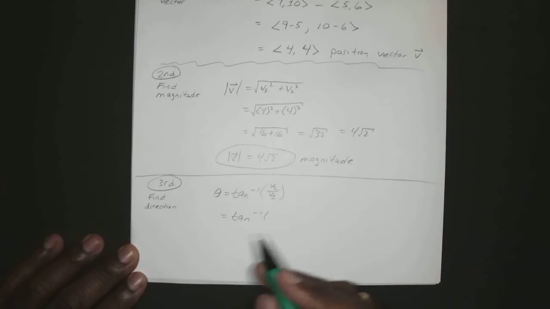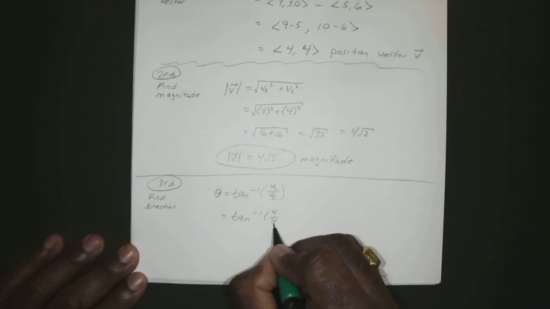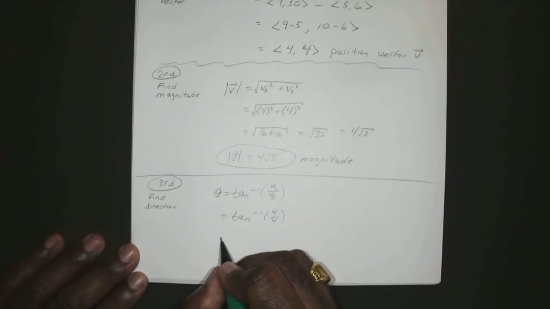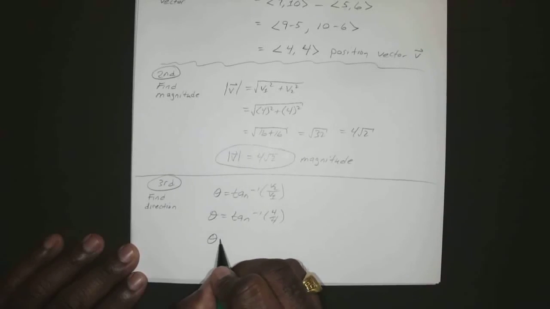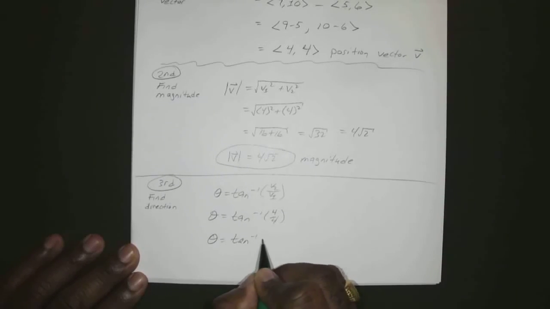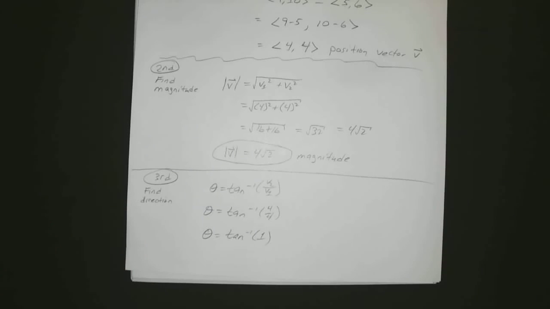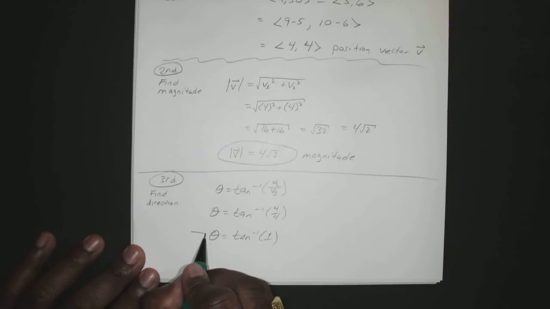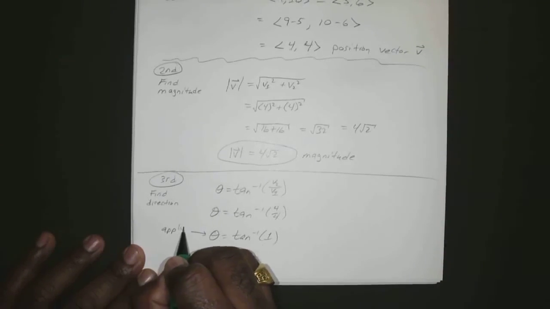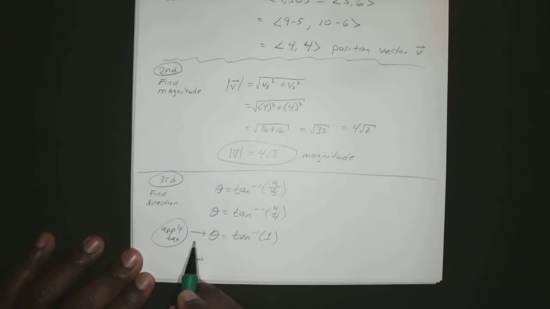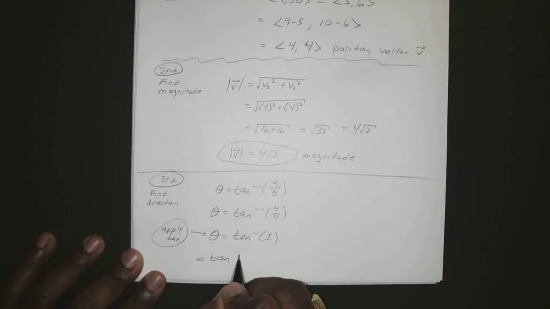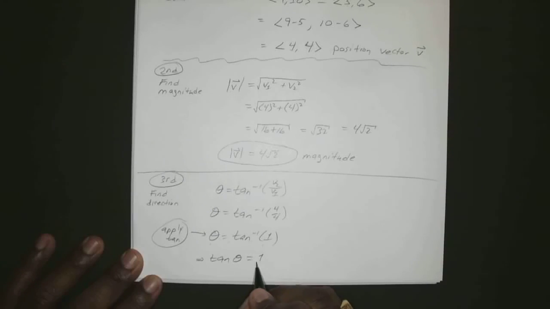In this case, 4 divided by 4. Okay, so we know that our theta is equal to tangent inverse of 1. Okay, so if we apply tangent to both sides, then that will give us tangent of theta. The tangent and tangent inverse will cancel out there, would equal 1.